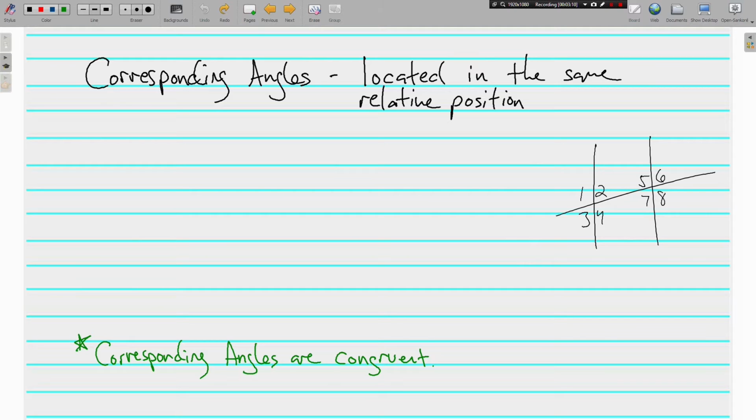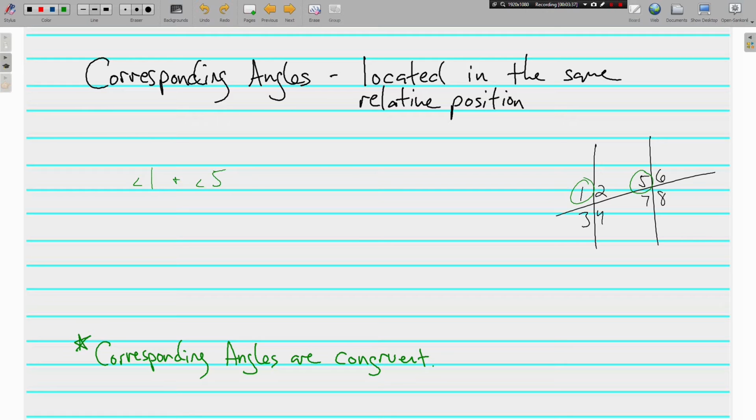Well, we've got two groups of 4. One example of corresponding angles would be angle 1 and angle 5. They're both on the top left of their group of 4. The same relative position. That's what corresponding is.